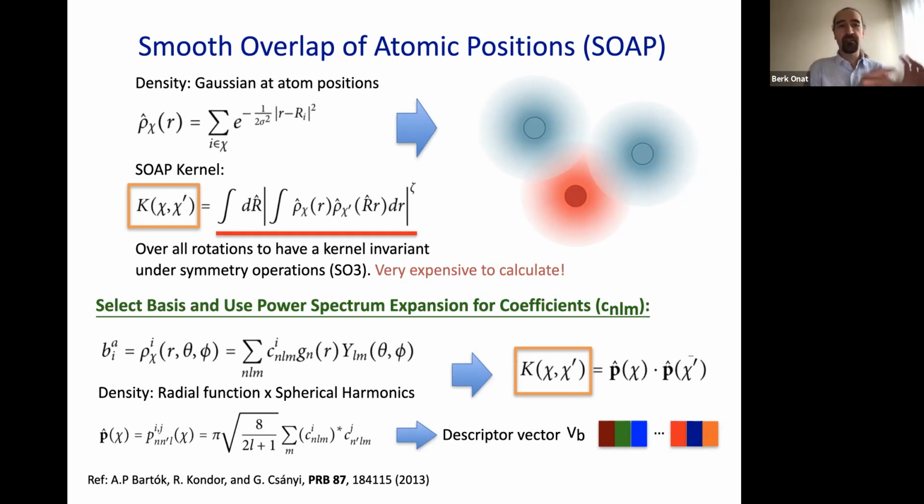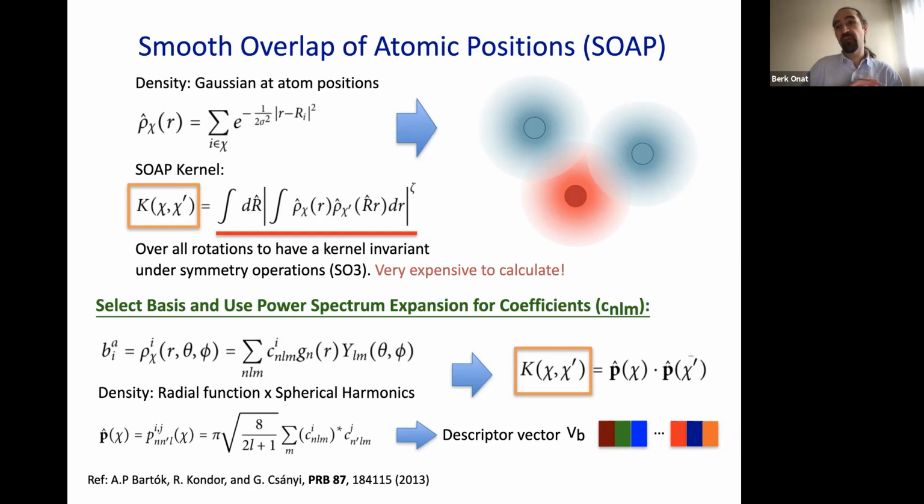However, for this kernel between different atomic neighborhoods, chi and chi prime, and the overlap matrix inside it, you can see two integrals actually. The outside one is over all the rotations R in the system.